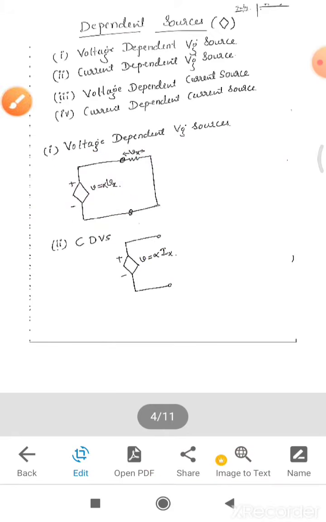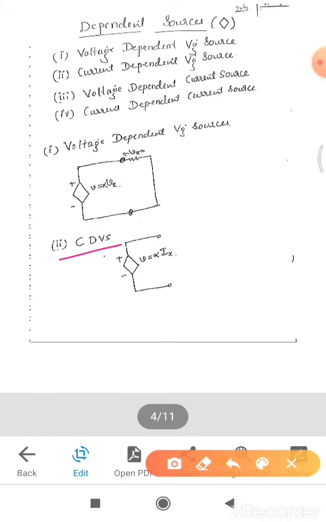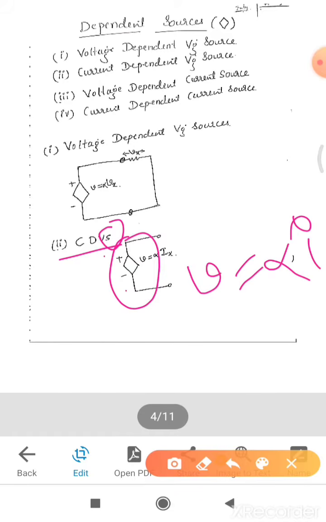Similarly, let's see the current dependent voltage source. Obviously this is a voltage source: a rhombus with positive and negative symbols indicates a dependent voltage source. But on what is it dependent? They have written V equal to alpha, some magnitude, multiplied with Ix.